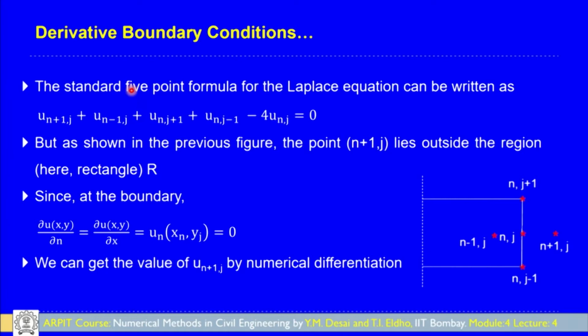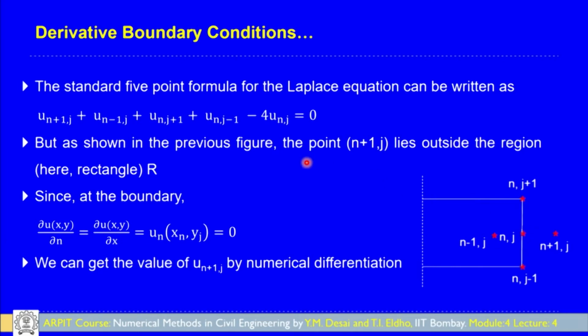If we use the standard 5-point formula for the Laplace equation, with respect to this figure we can write u(n plus 1, j) plus u(n minus 1, j) plus u(n, j minus 1) plus u(n, j plus 1) minus 4 u(n, j) equal to 0. This is our point where we are formulating.